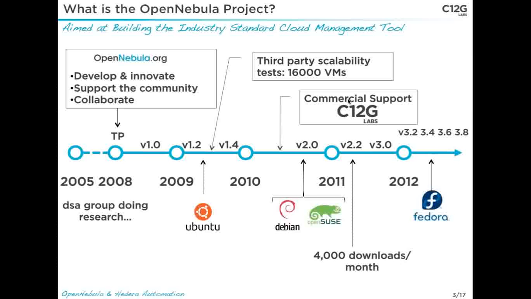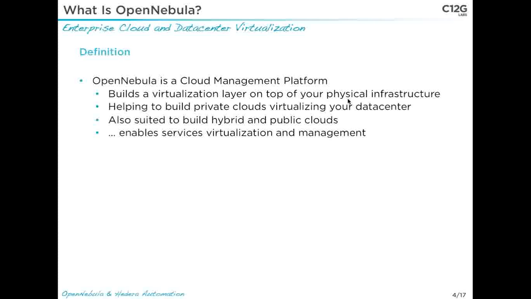From there, the OpenNebula team started making a release cycle more or less frequent, and major Linux distributions started building packages for OpenNebula in their flavors like Ubuntu, Debian, OpenSUSE, and the latest Fedora one. Around mid-2010, a commercial spin-off of the research group was created, C12G Labs, which nowadays is the company behind OpenNebula that funds the development of the product and also gives professional services and professional support to OpenNebula deployments.